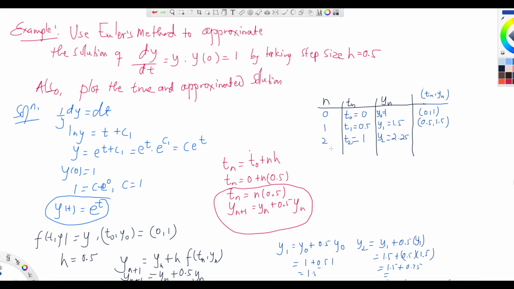Similarly, take 3 for n. So you'll get t3 equals 1.5 because 3 times 0.5, right?